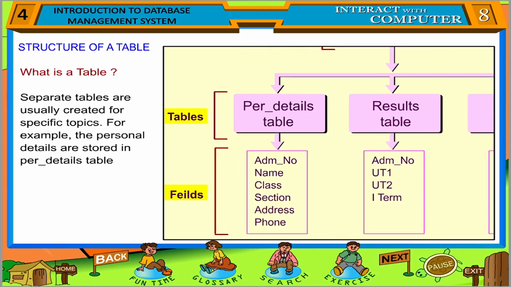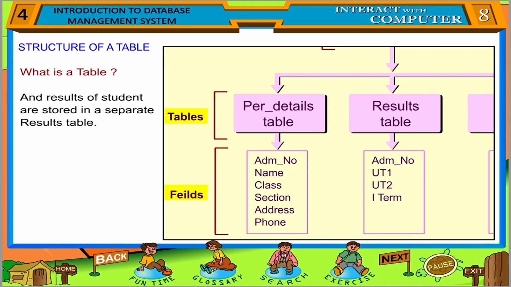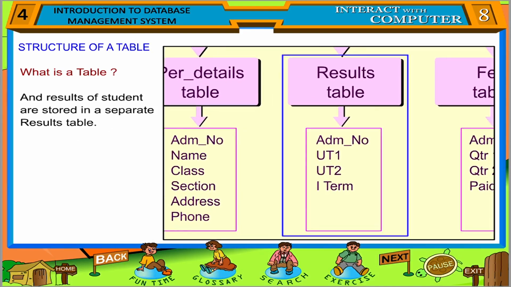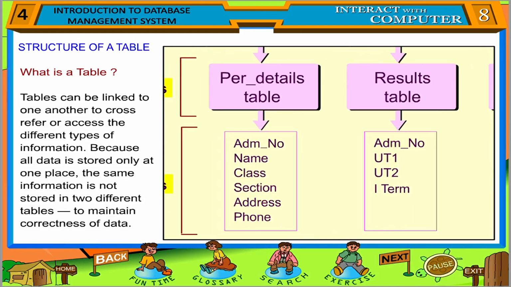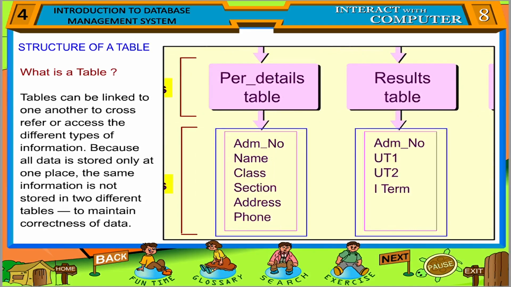For example, the personal details are stored in a PER_details table and results of students are stored in a separate results table. Tables can be linked to one another to cross-refer or access the different types of information.